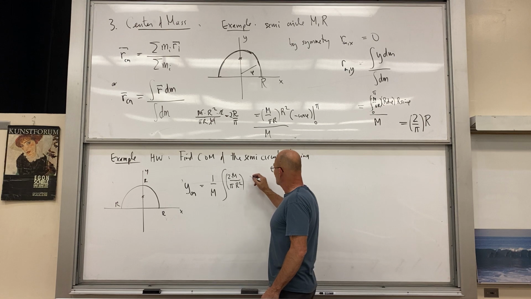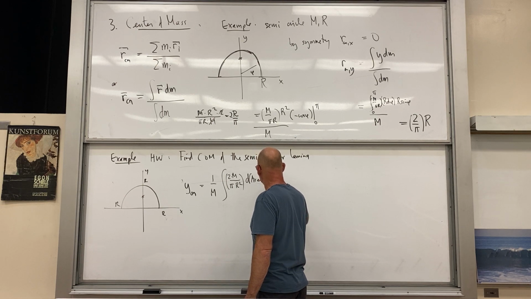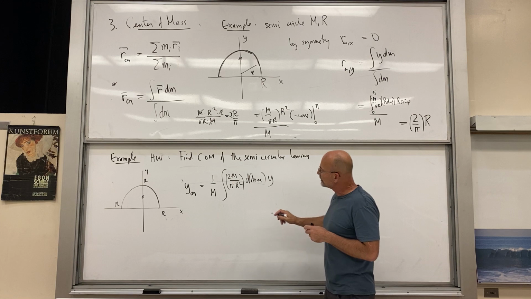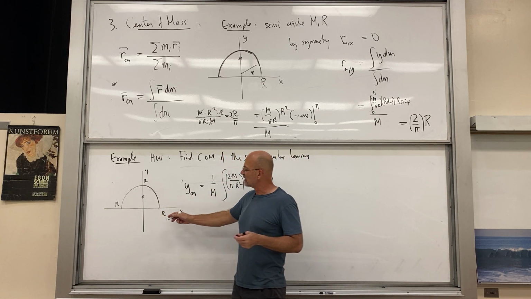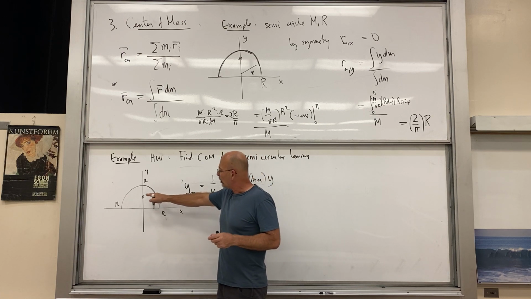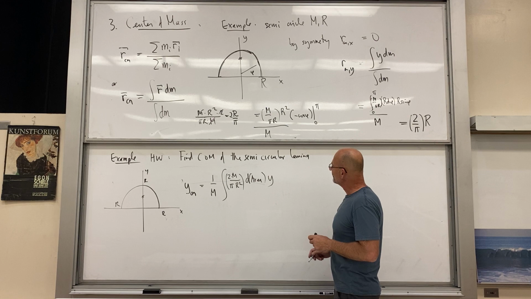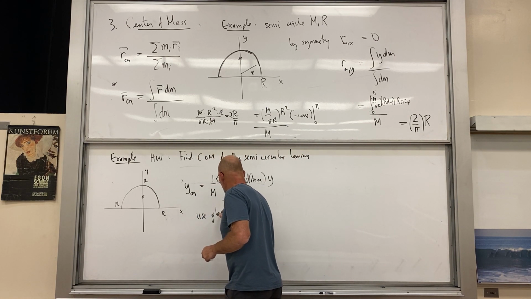And then you need a d area, and you need Y as well. Maybe you can do it 2 different ways if you want. One way you can do it is with plane polar coordinates.